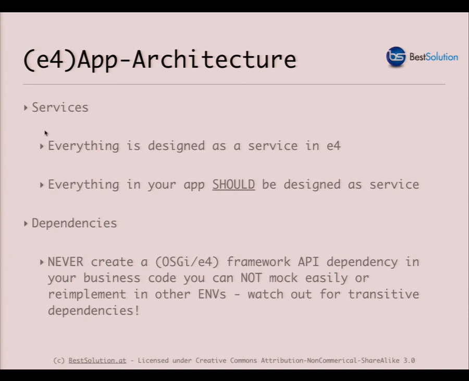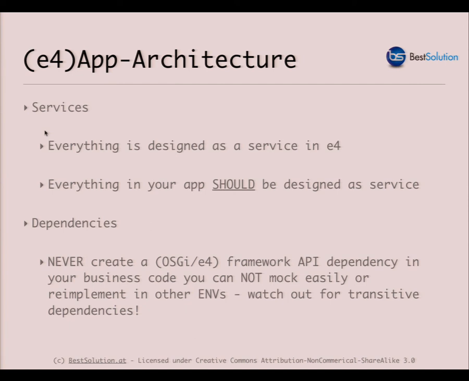That's important. And the really important thing to me is that the first thing I say to them is, write your business logic code without any dependency on Eclipse 4 APIs. That contradicts itself to some level, but it's really important that your business code has no framework dependencies, because then you can move it to any other framework as well.